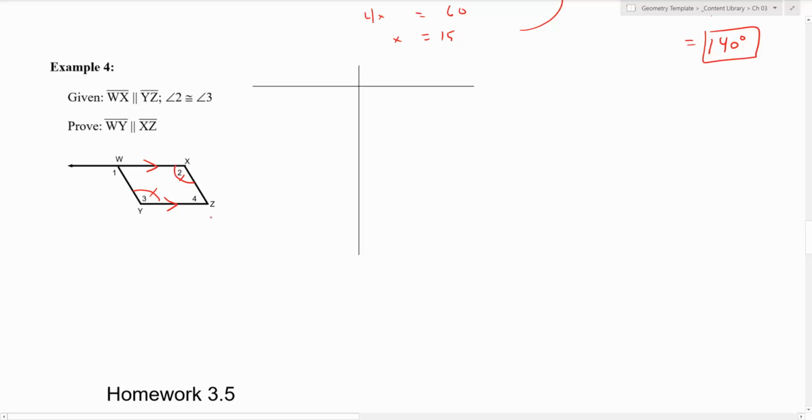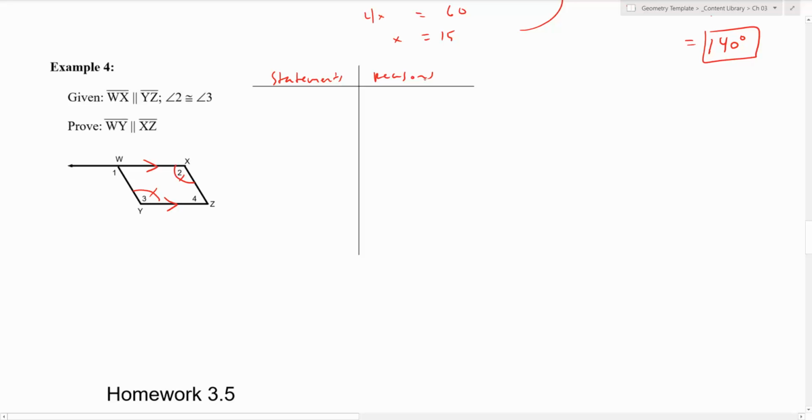You guys ready? Okay. By now you're probably thinking, this is a parallelogram. Can't I just talk about the properties of a parallelogram? Well, we're trying to prove that this is actually a parallelogram by proving this other pair of parallel lines. Here we go. Let's start with statements up here and reasons.